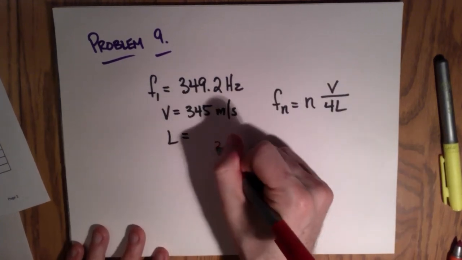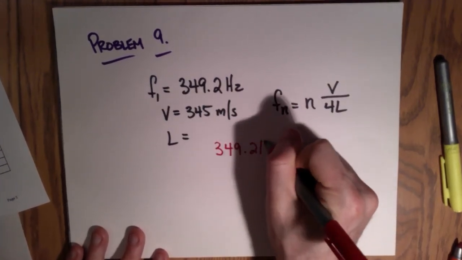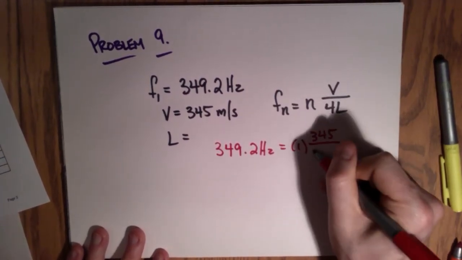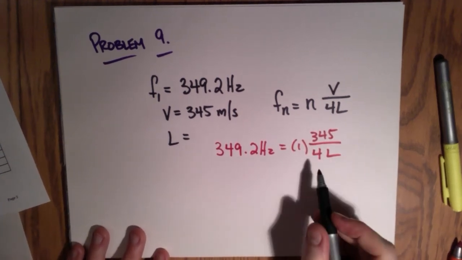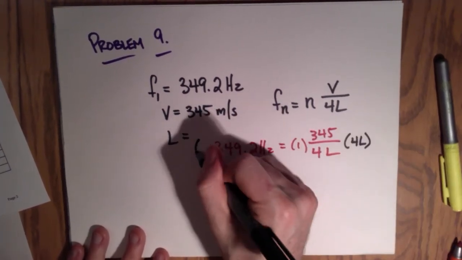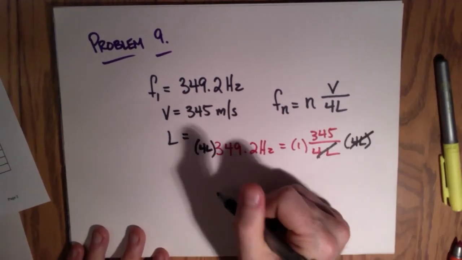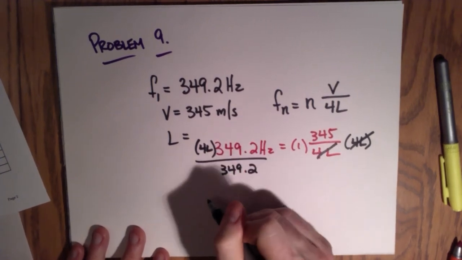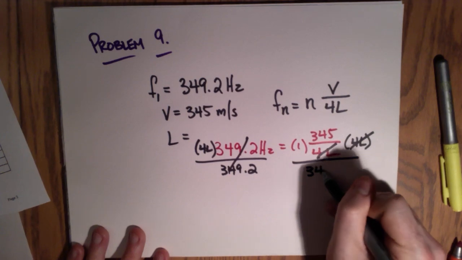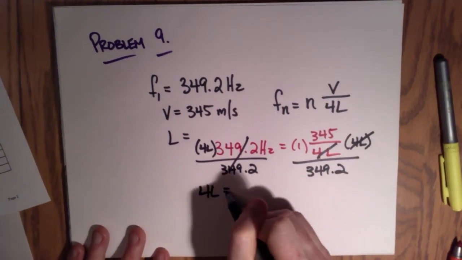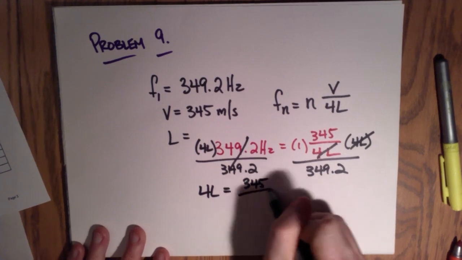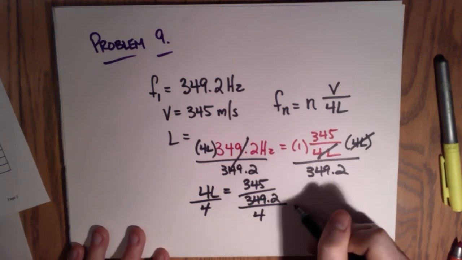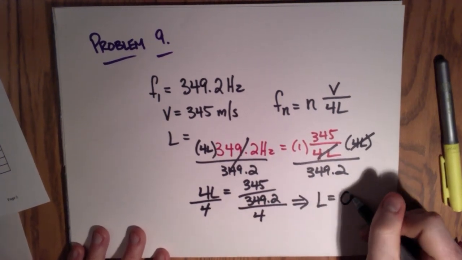We're given our fundamental, so 349.2 hertz is going to equal, our n is just 1, our velocity is 345, over 4 times L. We just have to do a little bit of algebra, multiply both sides by 4L. That cancels. We're then going to divide both sides by 349.2. What we wind up getting here, I understand it's a little bit crazy all at once, is that 4L is actually equal to 345 divided by 349.2. I will then divide both sides by 4, and what you're given is L equals 0.25 meters.